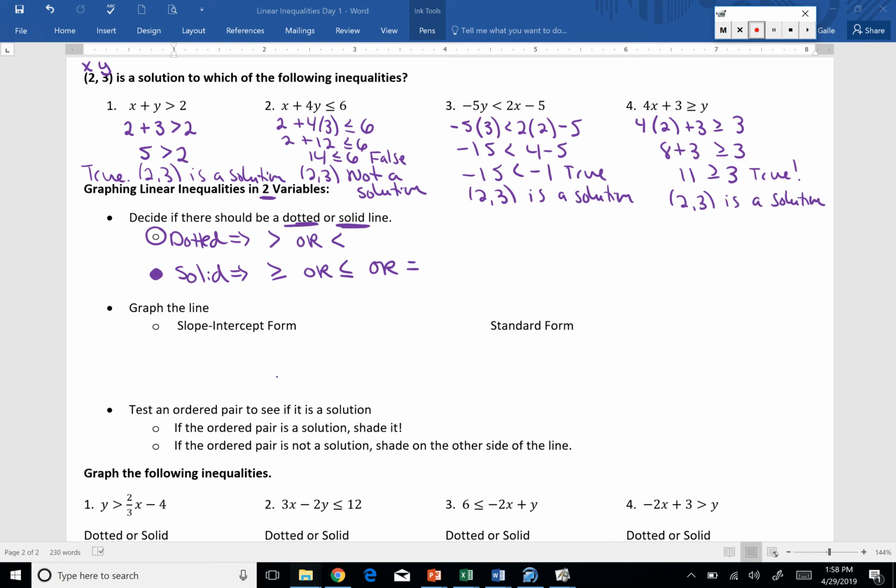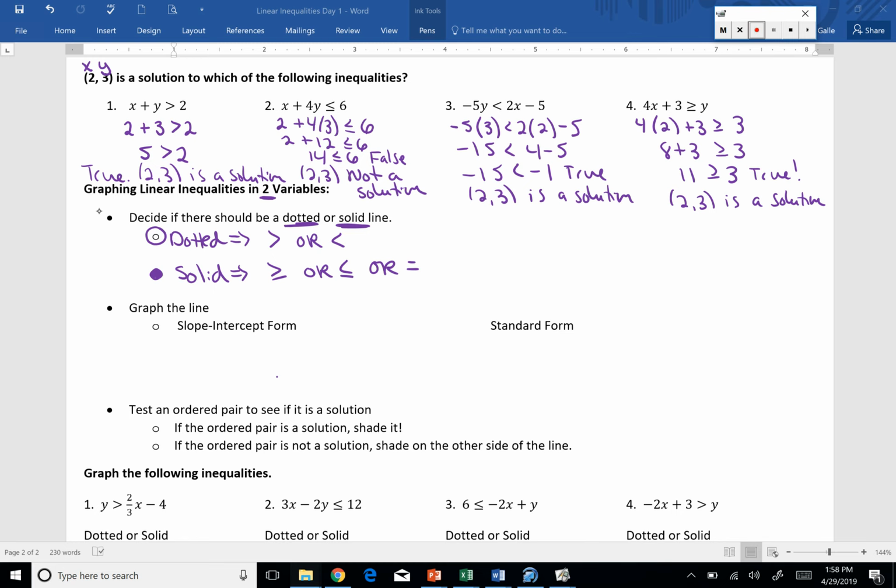Our solid line is like our closed circle. We use them at the same times. So if there's no equal sign, that's a dotted line, same as we had an open circle. If there's an equal to, a greater than or equal to, less than or equal to, that's like our closed circle. It's going to be our solid line when we graph.